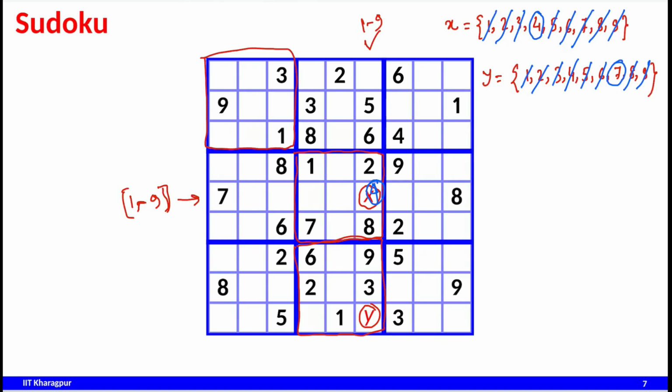Let's say we are trying to find the solution for this row, and let's say this cell, after applying some kind of arc consistency, I observe that this can take value x1 and x2. Let's say this can take value, say x2, x3.